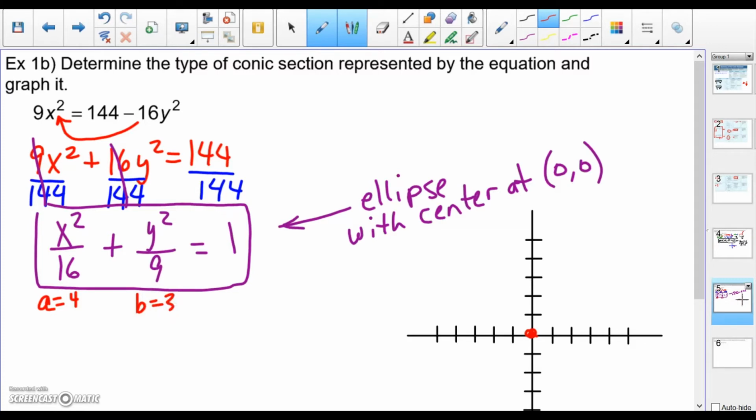That's coming from the square roots. So in that x direction, the major axis, we're going to go over 4. And in that minor axis, in the y direction, we're going to go up or down 3 from the center. That's going to give us our ellipse with that equation.